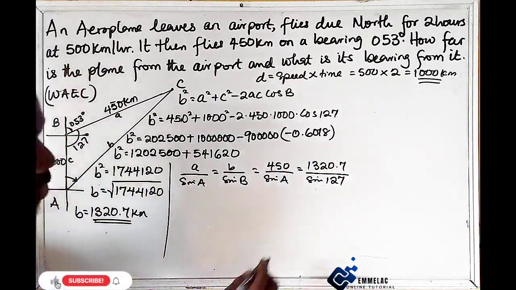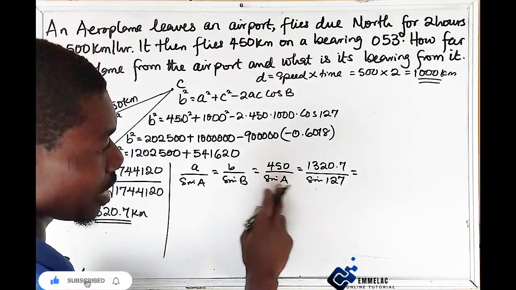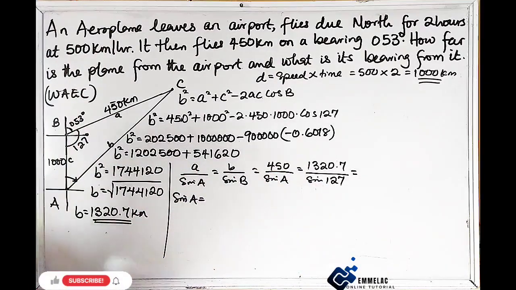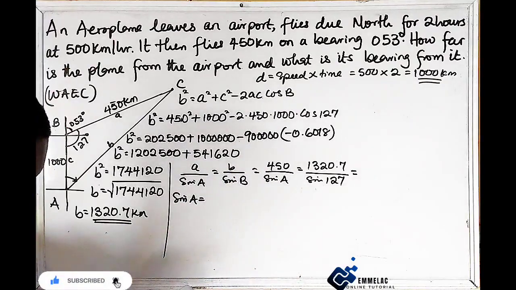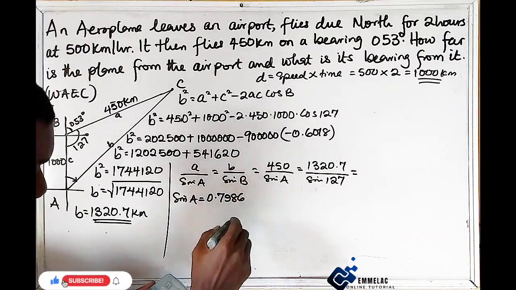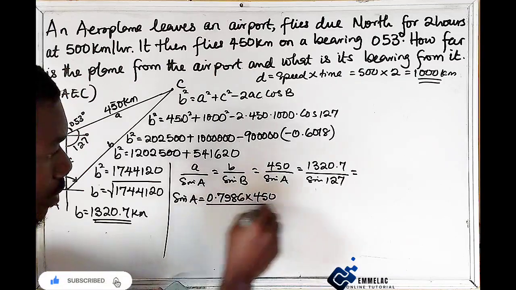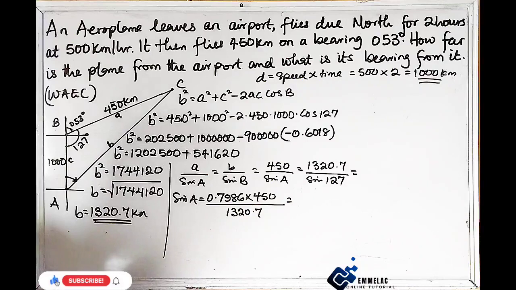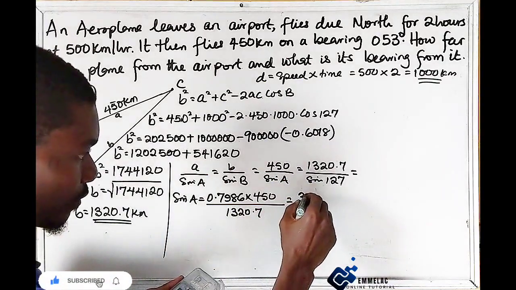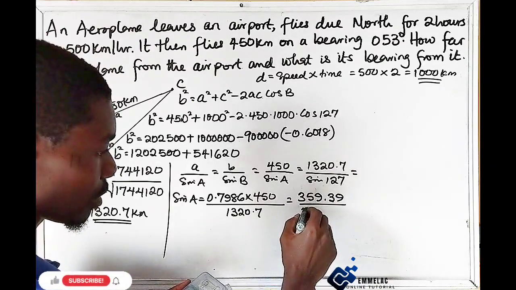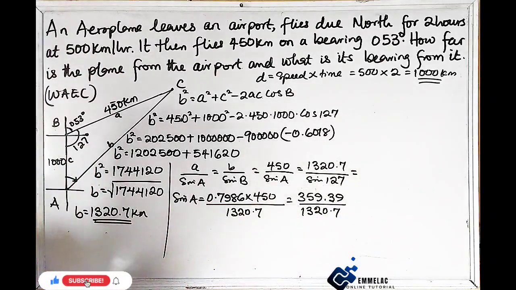Making sine A the subject of the formula, sine A equals 450 times sine 127 over 1320.7. Sine 127 will be 0.7986, times 450, and the product of the numerator will give us 359.38, approximately, then all over 1320.7.